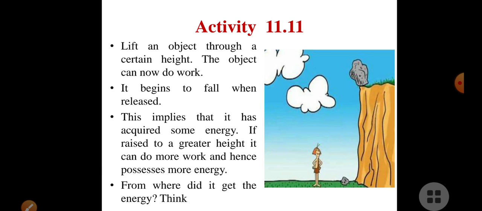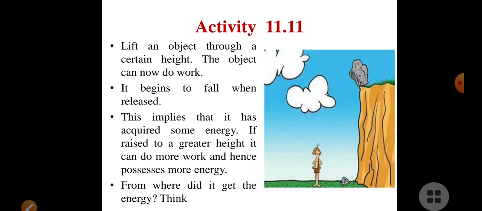In this activity, lift an object through a certain height. Okay, suppose this stone was lying here and now the stone has been placed at this height. So it begins to fall when released, and when it is released from air, it will fall. So this implies that it has acquired some energy. If raised to a greater height, it can do more work and hence possesses more energy.